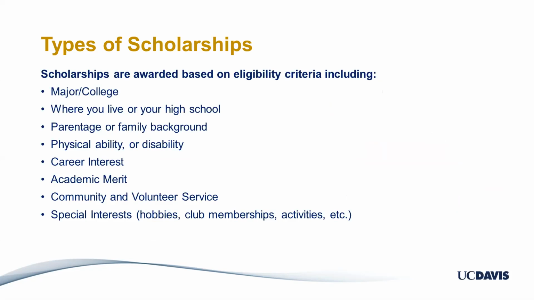Donors can dictate what requirements they want for their scholarships, and then we in our office figure out which students meet those requirements. So most common are major, colleges, where you live or where you went to high school, and if you have any special interests. Those are some main ones that we look at, but any of those listed on the screen right now, that's what they are going to be looking for, and that's what we're trying to find from you guys to match you up with the scholarships.